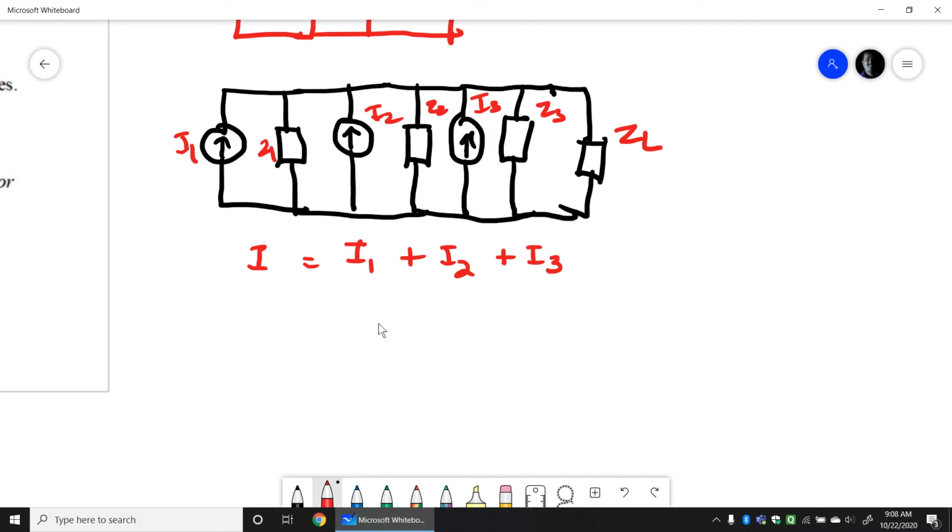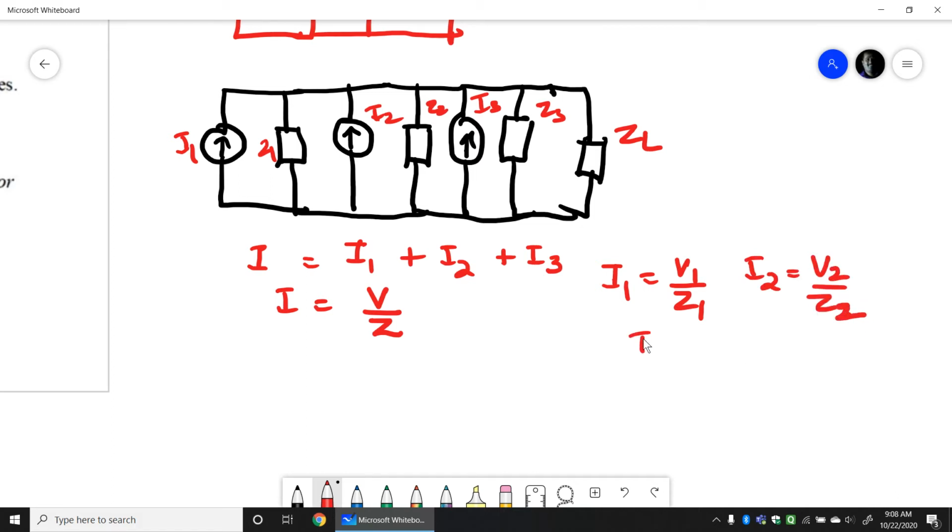Now what do we have here is I is nothing but V by Z, right? I is the total current in this particular circuit, which is V by Z. Okay, so now we know that I1 equals V1 by Z1, I2 equals V2 by Z2, and I3 equals V3 by Z3.